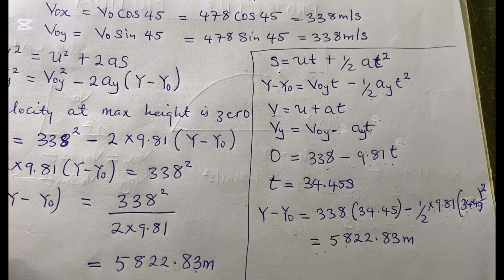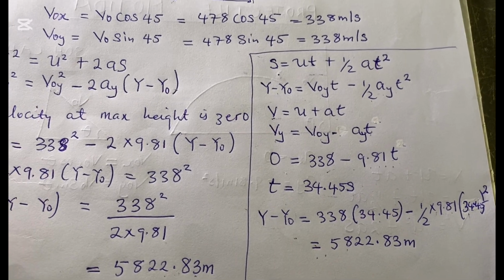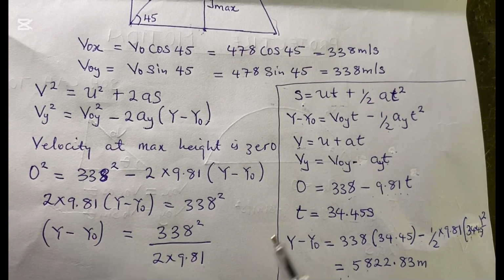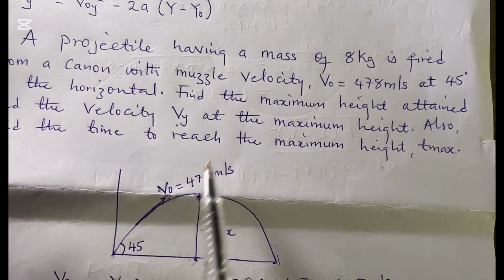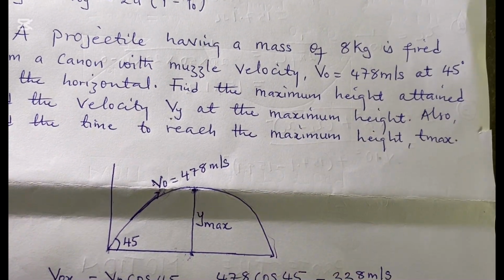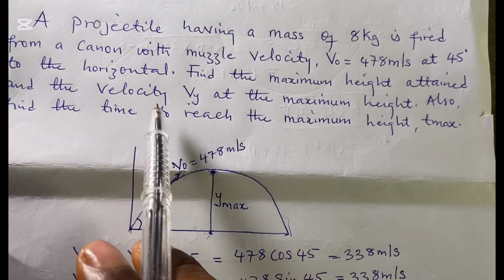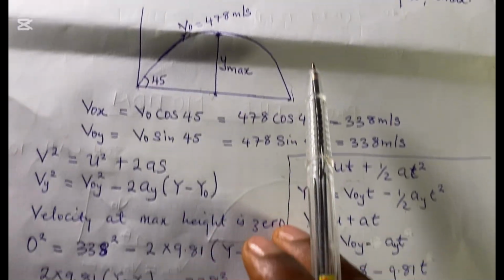So you don't need to cram it. Anyone that works for you, just go ahead and use it. Now let's solve the next question. What is the next question? We have found what? Look here. Find the maximum height, which was found to be 5822.83, and velocity v_y at the maximum height. What is v_y at the maximum height?